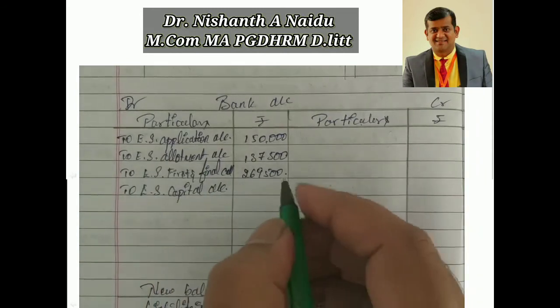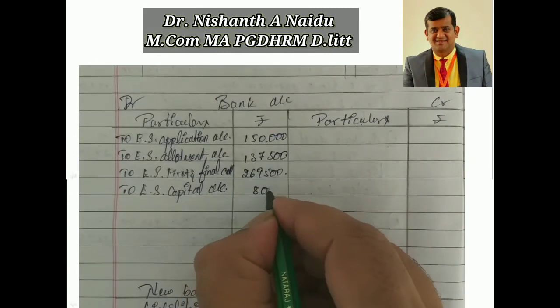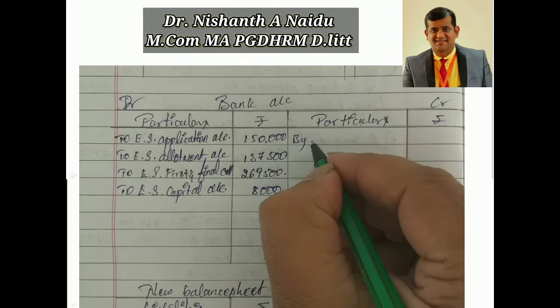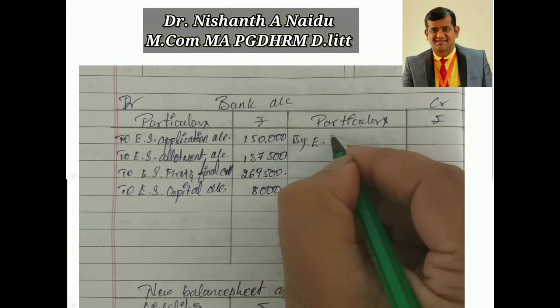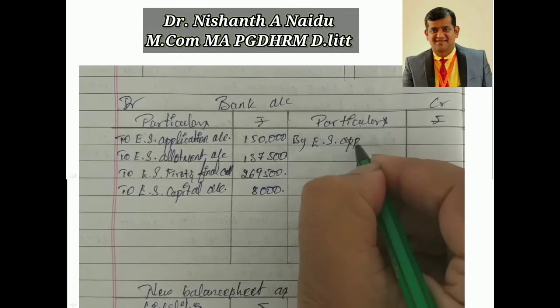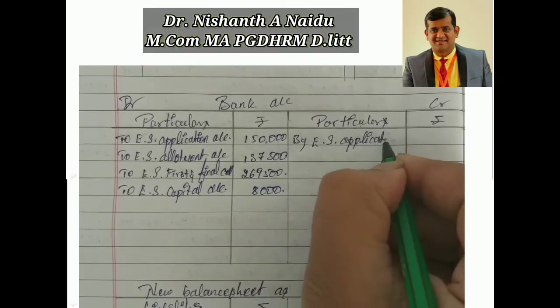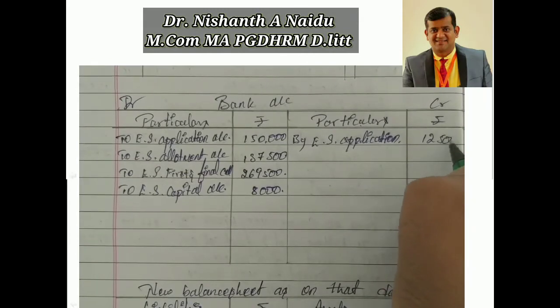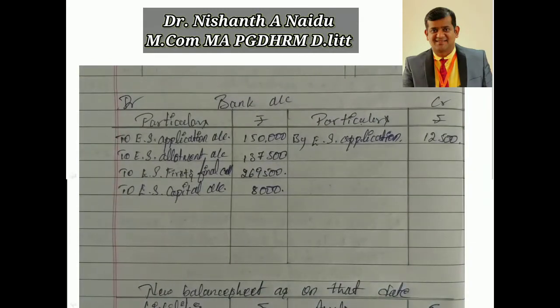So how much on reissue? 8,000 rupees. So hereby I have refunded, rejected and refunded is also there, by equity share application account. So application account, how much I have rejected? 12,500.